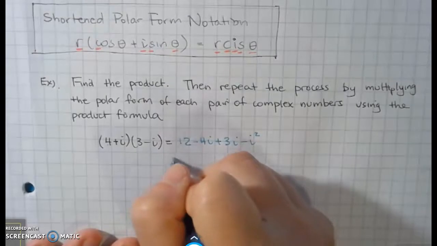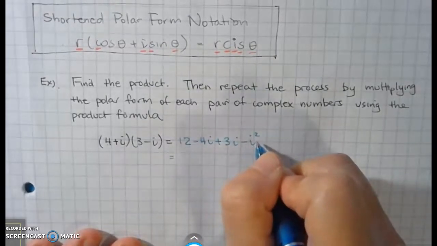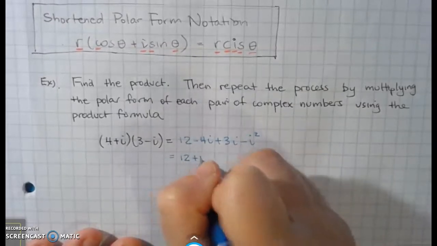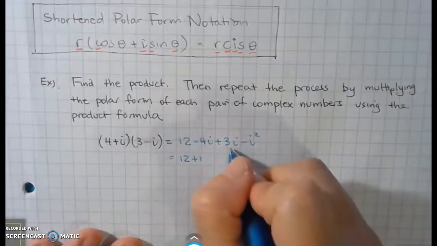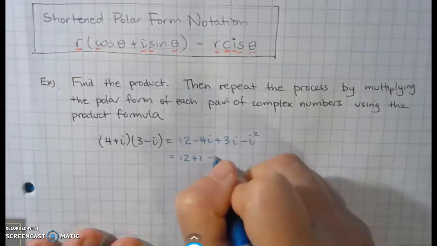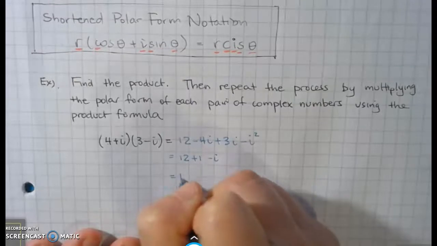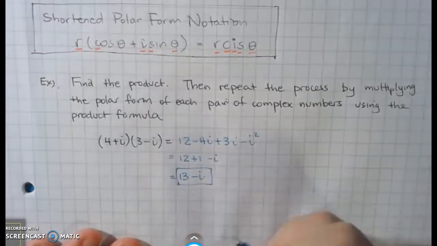And from here, I can say that 12 minus negative 1 becomes 12 plus 1. And then we have negative 4i plus 3i. They are like terms too, so they combine to negative i. So 12 plus 1 is 13 minus i. So this is multiplying in rectangular form.